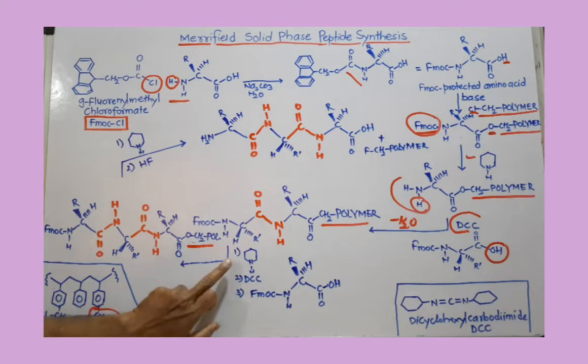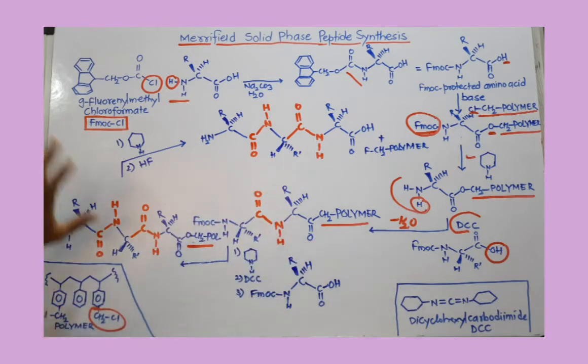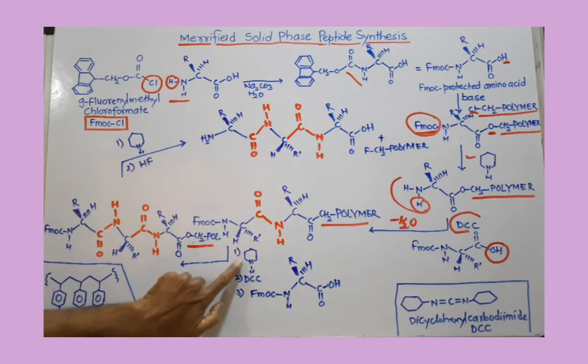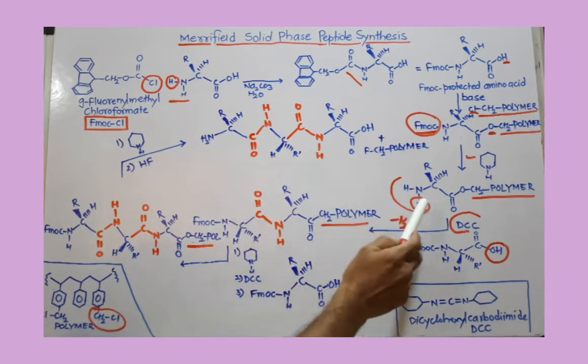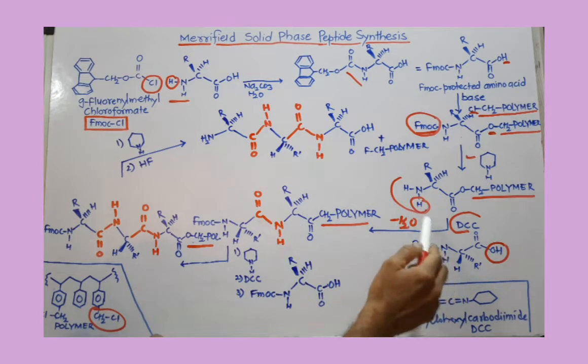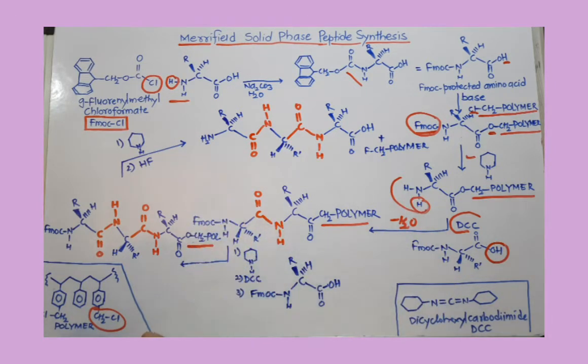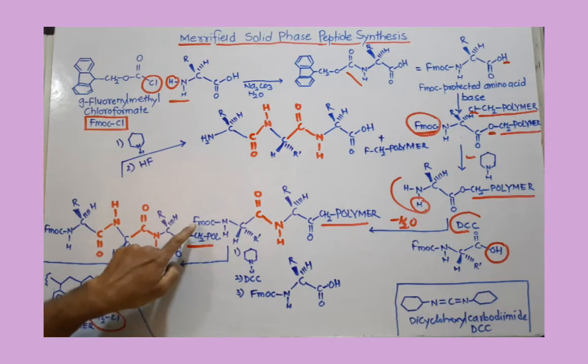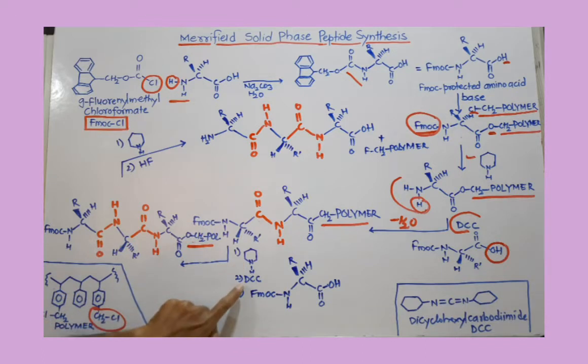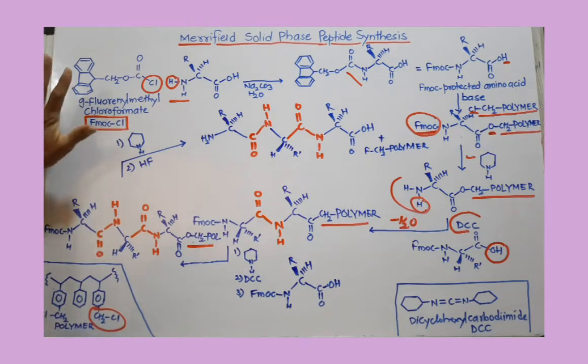So some steps are skipped due to lack of space. So you use this base which will free this amino group, or which will remove this FMOC. And once this is removed, you are going to add DCC again in this step, that is dicyclohexyl carbodiimide, along with the desired amino acid, which should be protected first with 9-fluorenylmethyl chloroformate.